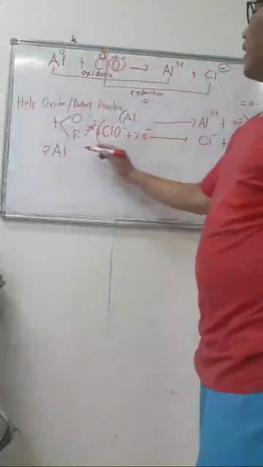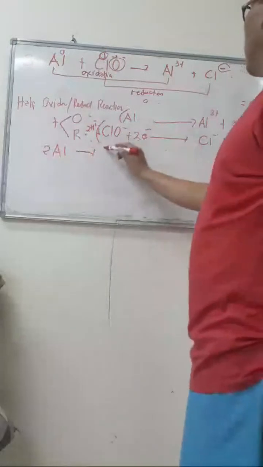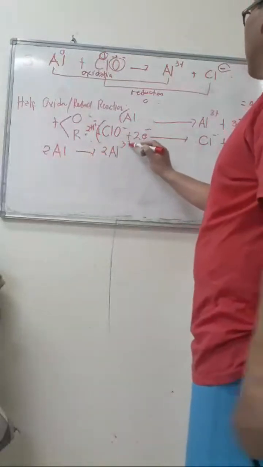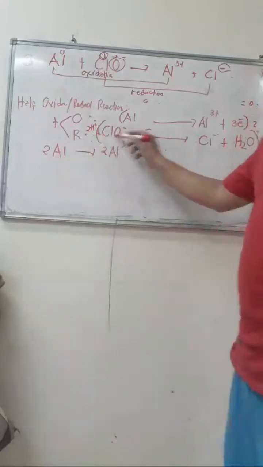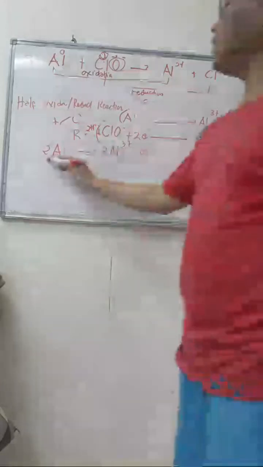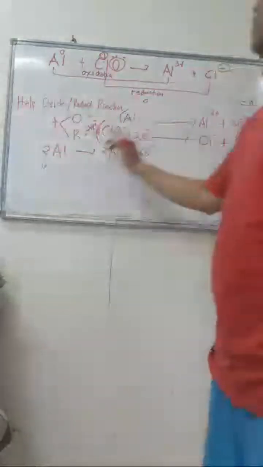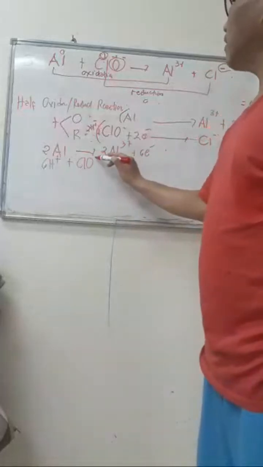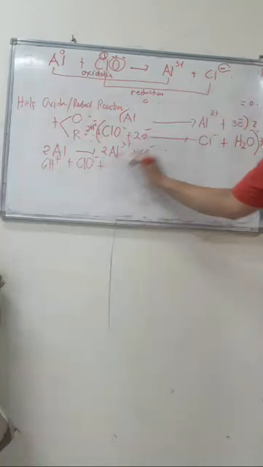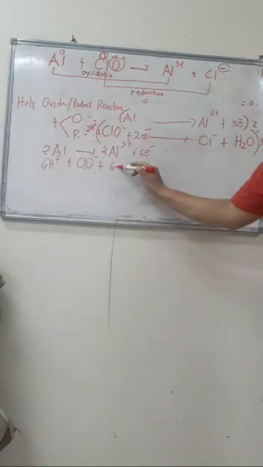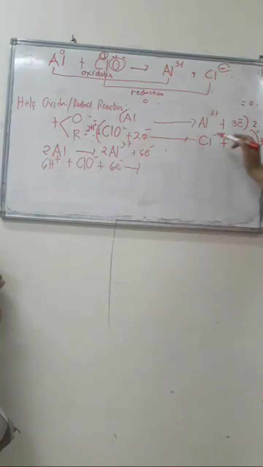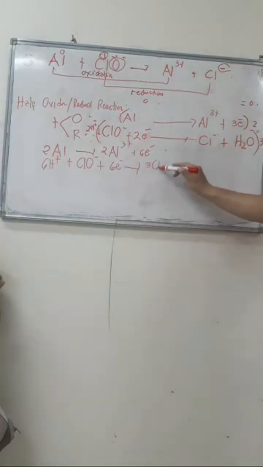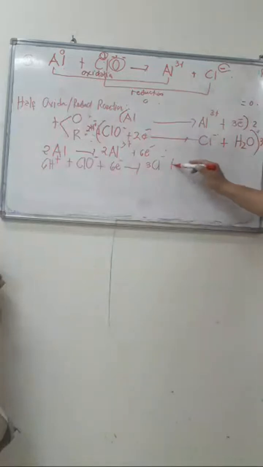I charge it, okay? So 2 aluminum, okay, then equal to 2 aluminum, 3 plus 6 electrons. And here, 3 is gonna be 6, so 2H plus times 3, so 6H plus. Okay, plus hypochlorite, okay, plus 2 electrons times 3, 6 electrons is equal to 3 times chloride, 3 moles of chloride, okay, plus 3 moles of water, okay, things like that.